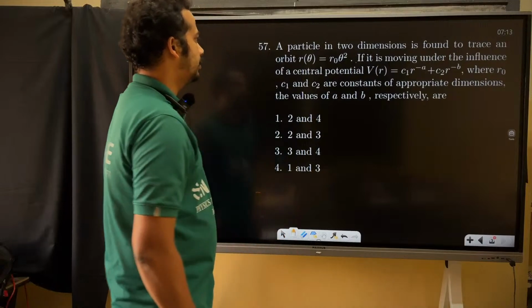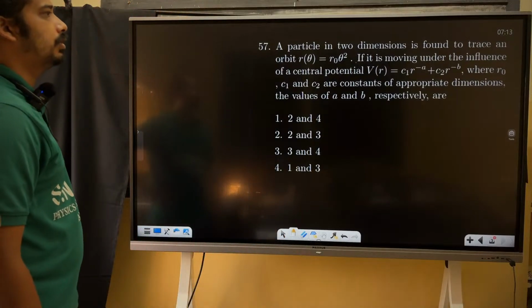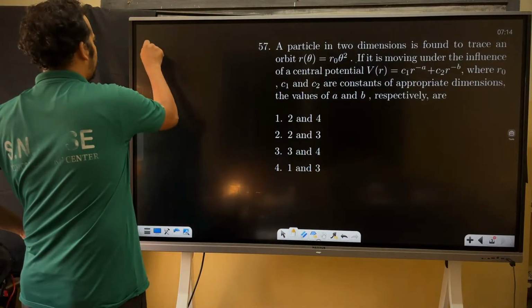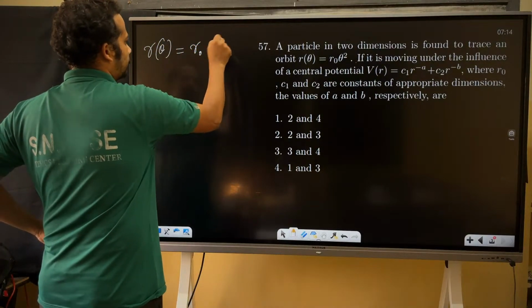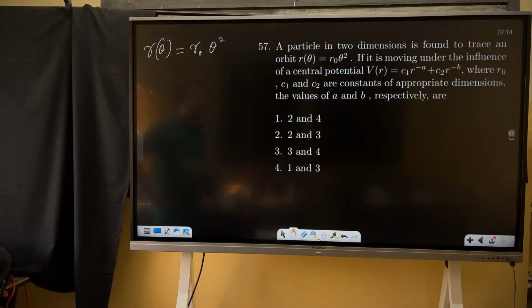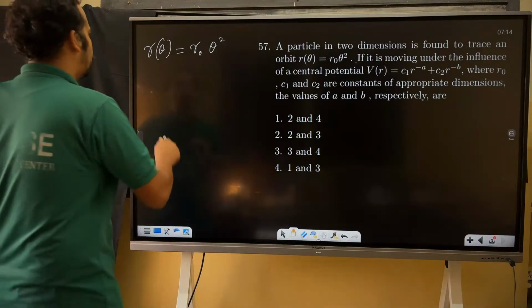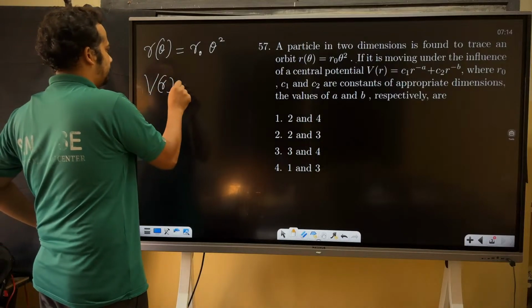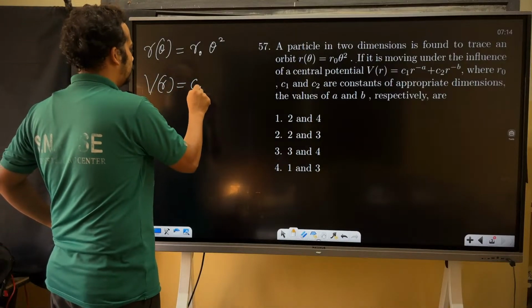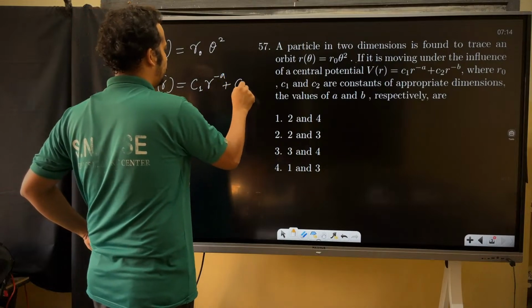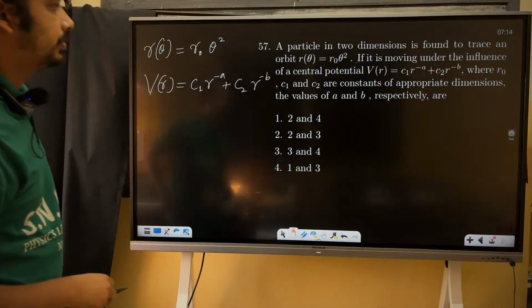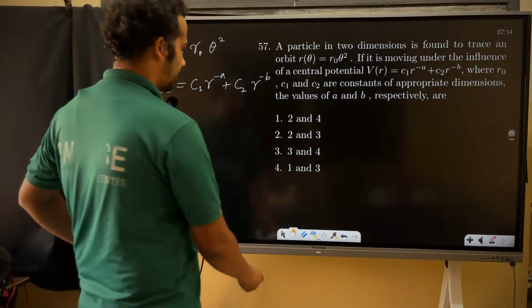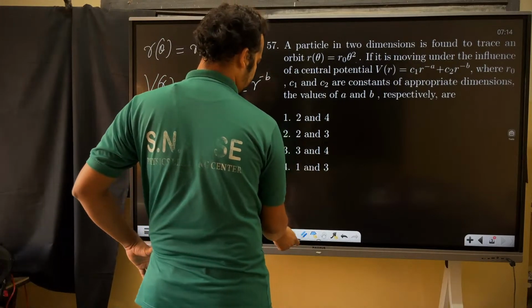A particle in 2 dimensions is found to trace an orbit r of theta equal to r naught into theta square, if it is moving under the influence of a central potential v of r equal to c1 r power minus a plus c2 r power minus b.